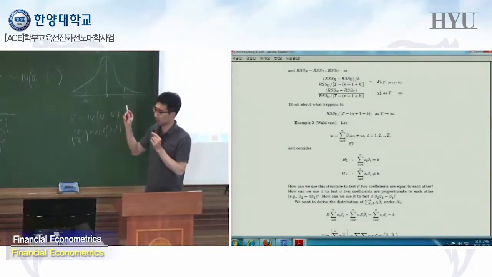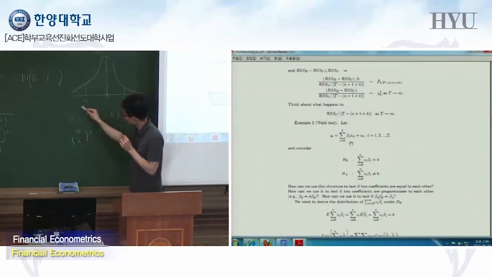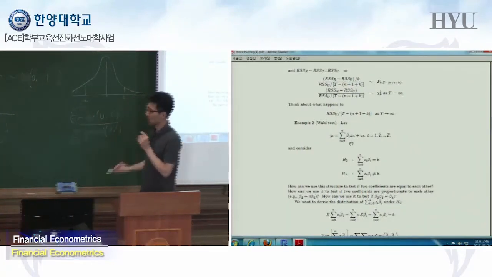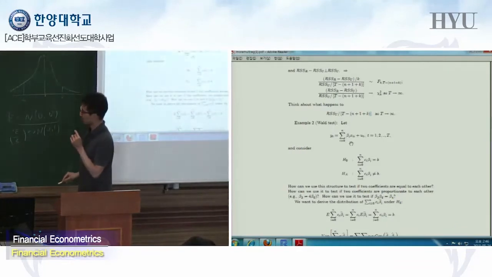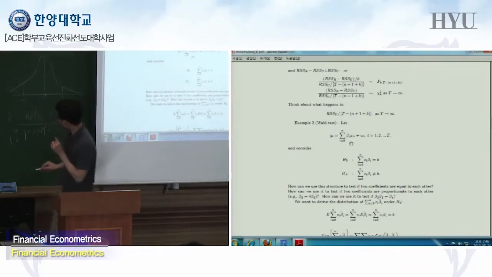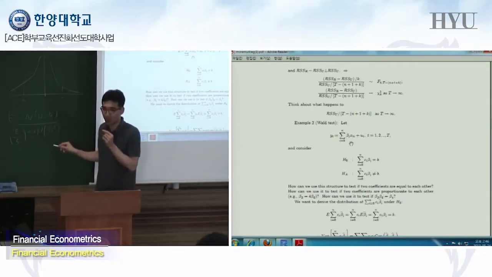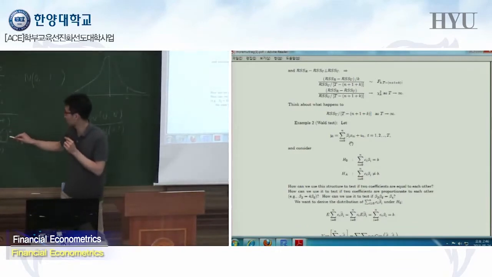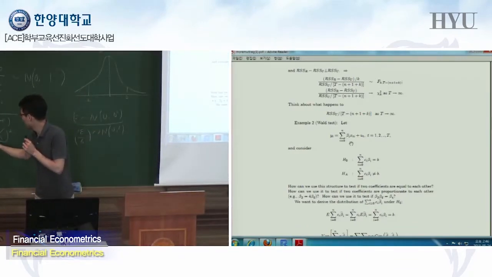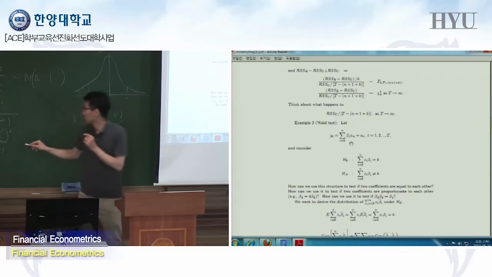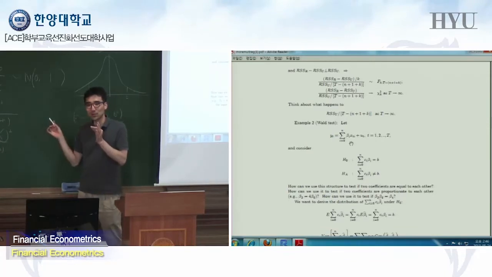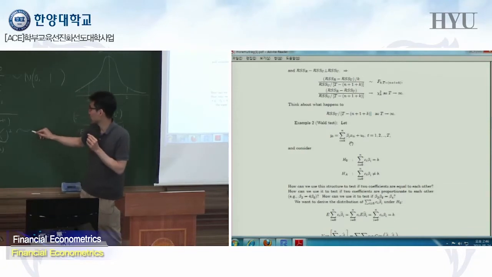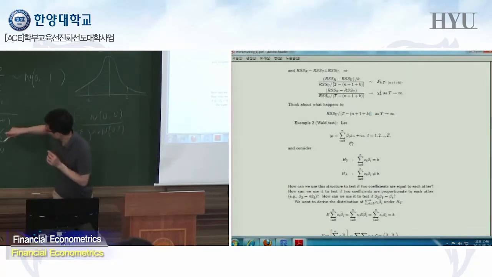Again, epsilon hat and epsilon are slightly different, but since each epsilon is normally distributed, if we divide epsilon by sigma, then it follows a standard normal distribution. And if we add these up from 1 to t, it is like a summation of the squares of standard normal variables. So this one should follow this part.